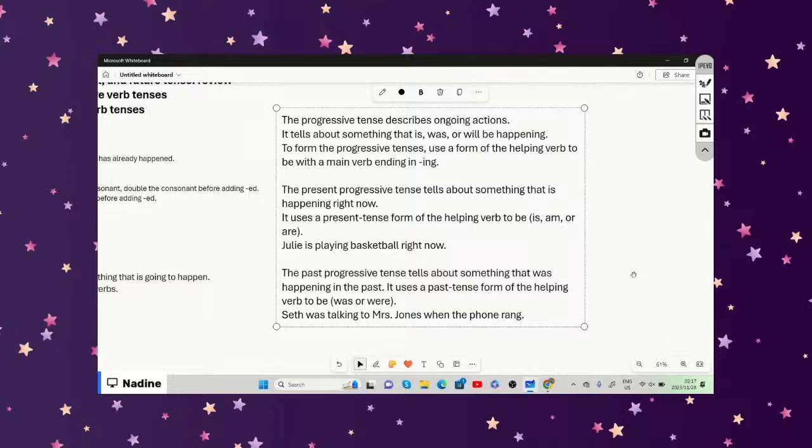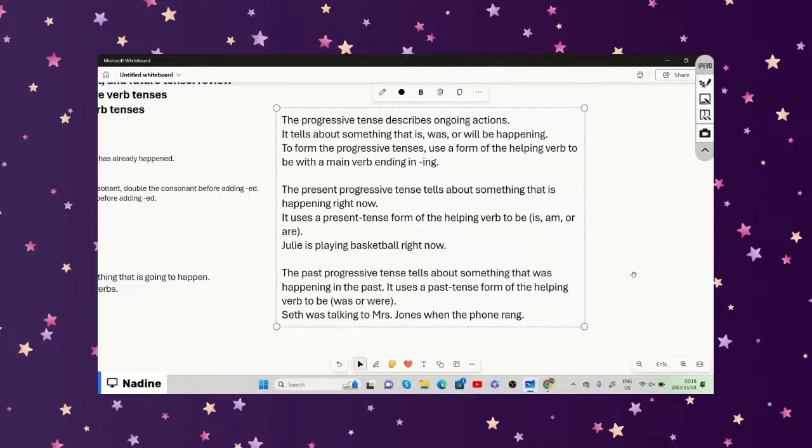Just to recap, progressive tense describes ongoing action, and it tells about something that is, was, or will be happening. So it can be progressive tenses in the past, present, or future.